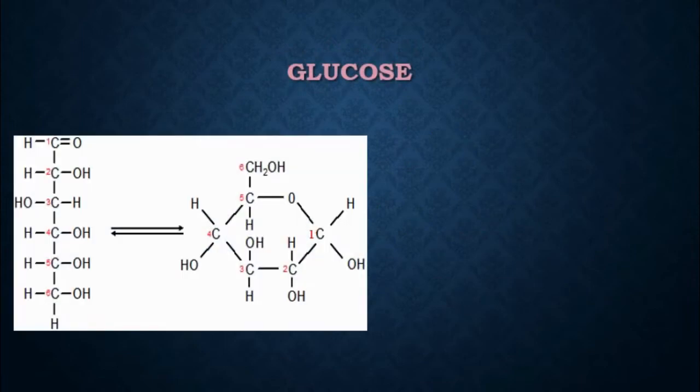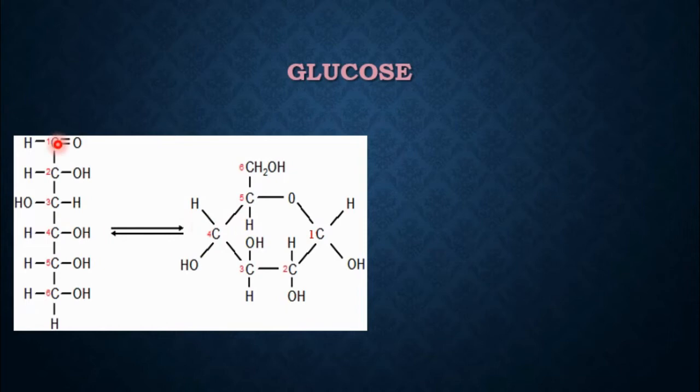Before learning glycolysis, let us learn the structure of glucose first. We know that the glucose molecule consists of 6 carbon atoms, 6 oxygen and 12 hydrogen atoms. You can see glucose exists in two structures, as a straight chain compound or as a ring structure, also called a cyclic structure. Both are stable structures.